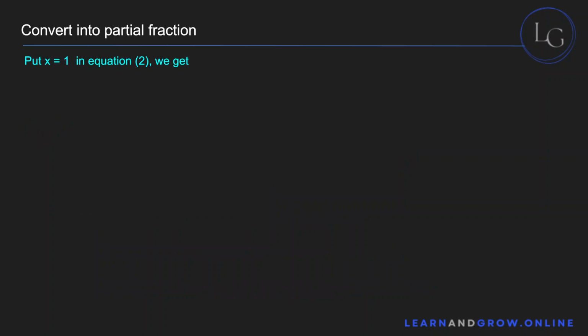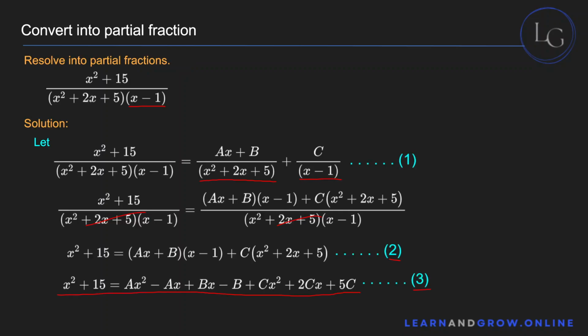Now, when you put x is equal to 1 in equation number 2, what happens? Well, this is equation number 2. And when you put x is equal to 1 in this expression, this linear expression becomes 0. 1 minus 1, 0.